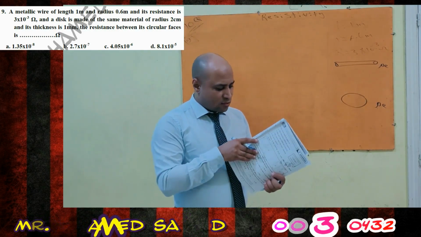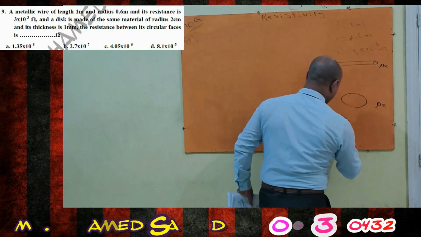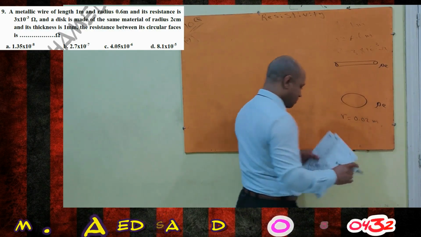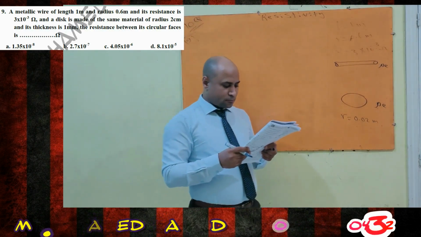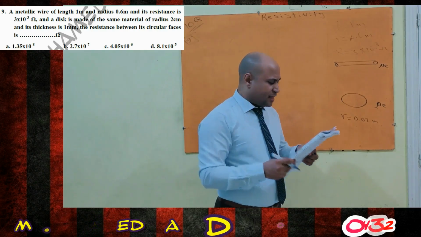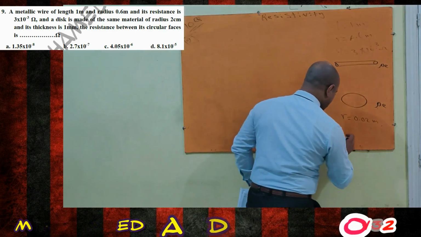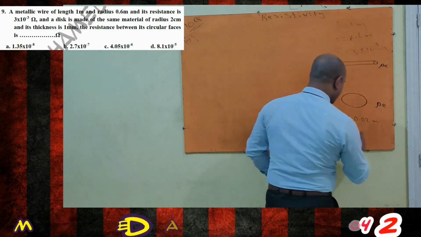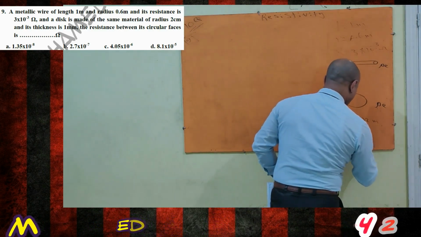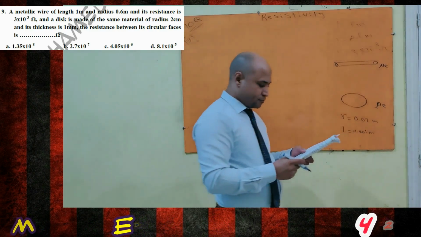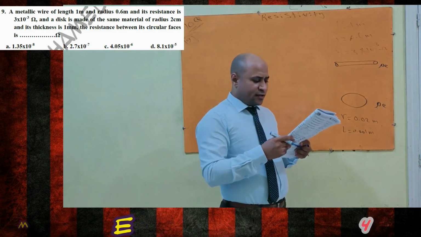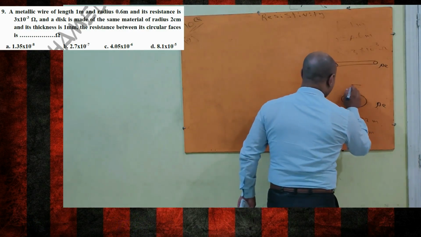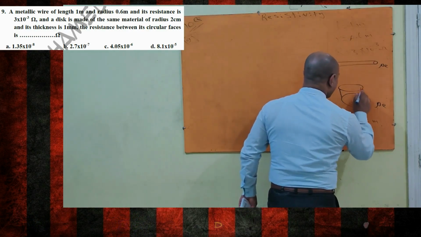Its radius R equals 2 centimeters, which is equivalent to 0.02 meters, and its thickness L equals 1 millimeter or 0.001 meter. The resistance between its circular faces. For example, this is a disc.